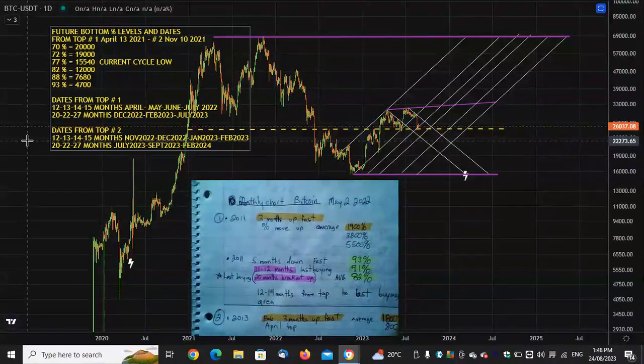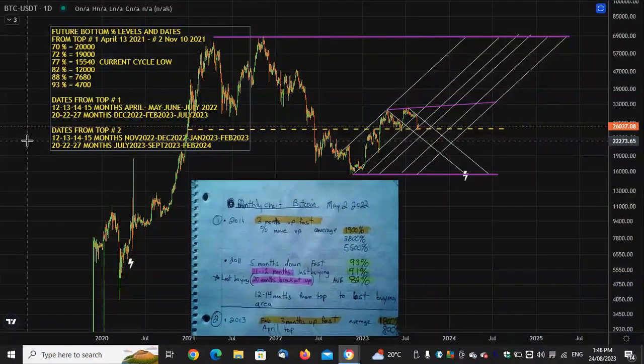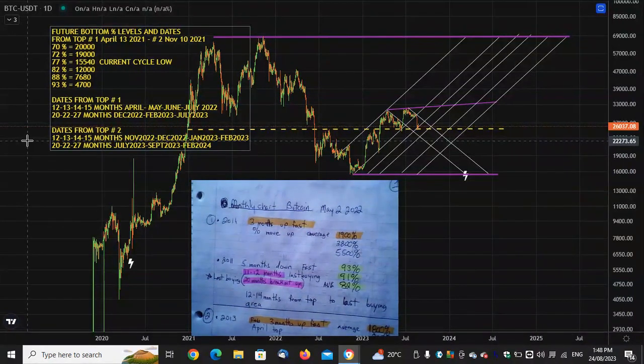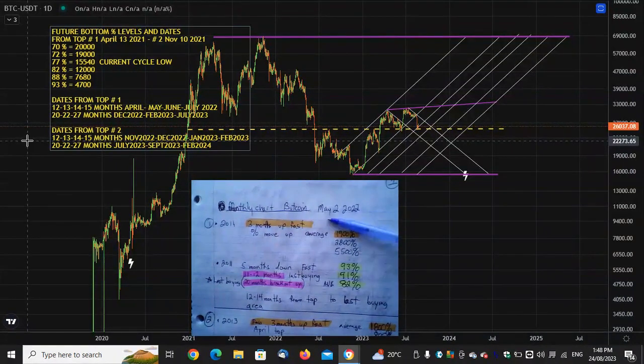So going back, I'm just going to show you, this is my homework and this is what I do. I made this a year ago, May 2nd, 2022, and it discusses the moves up in 2011, and it was a 3-month move. It was really fast, and they averaged about 19,000, sorry, 100%.